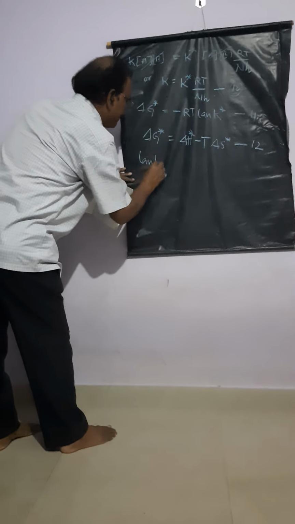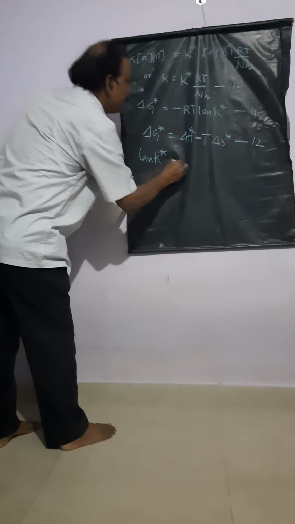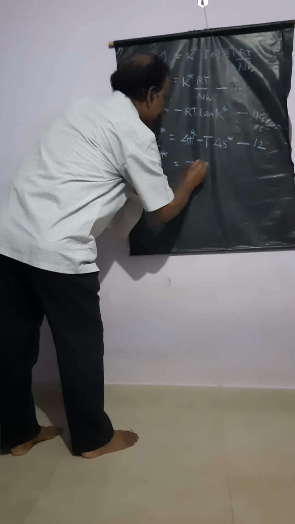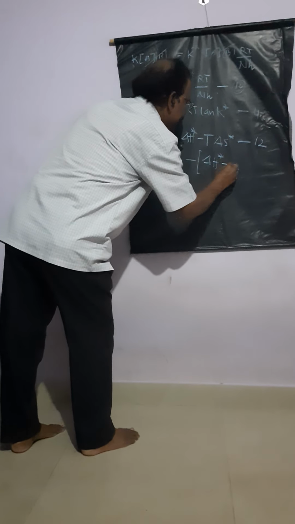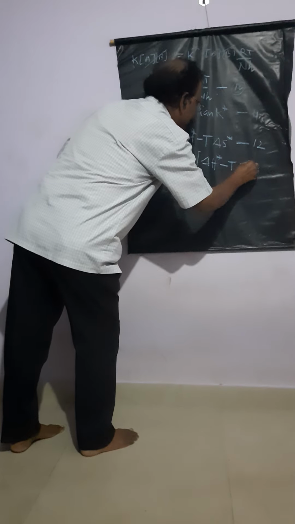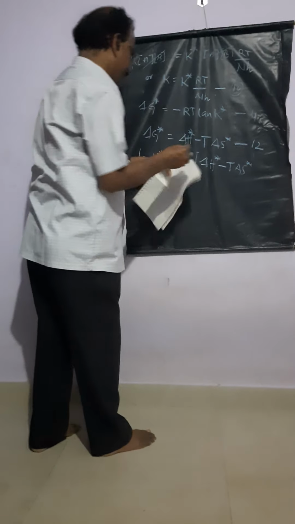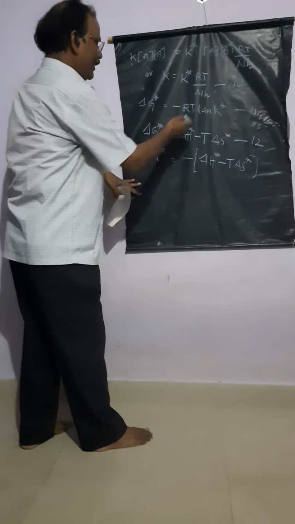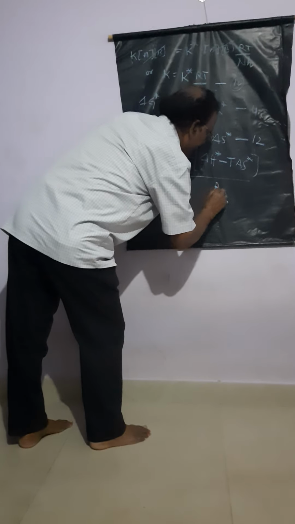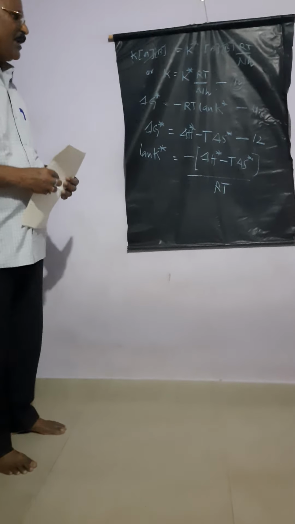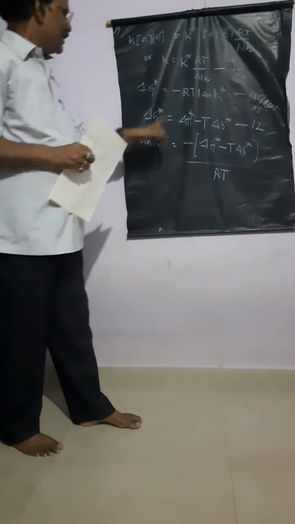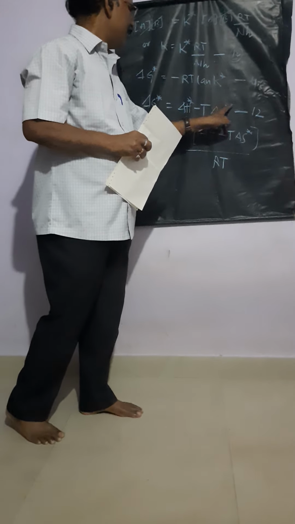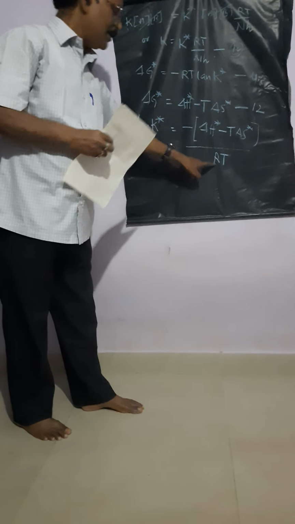From these two equations, ln K star is equal to minus delta H star minus T into delta S star, divided by R into T. So by equations 11 and 12, ln K star is equal to, the minus sign comes here, and delta G star is given by delta H star minus T into delta S star, and this RT comes to the denominator.